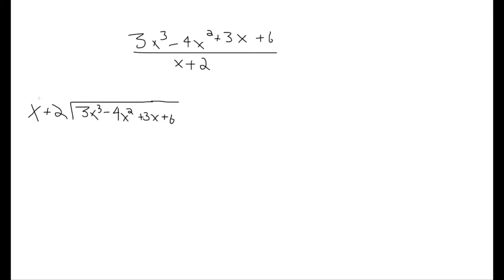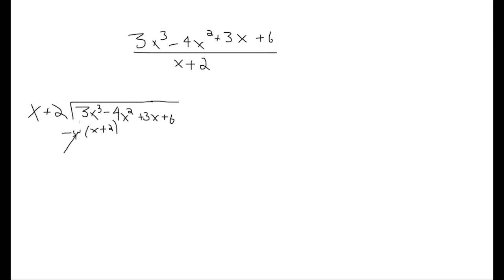X plus 2 is going into this. And in this case where we're dividing by x plus some number, we have to multiply x plus 2 by some w, so we're subtracting some w amount of x plus 2.